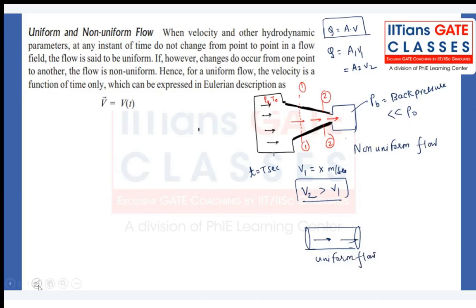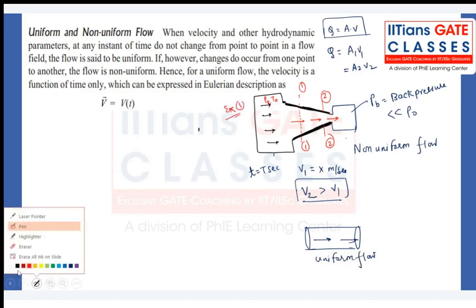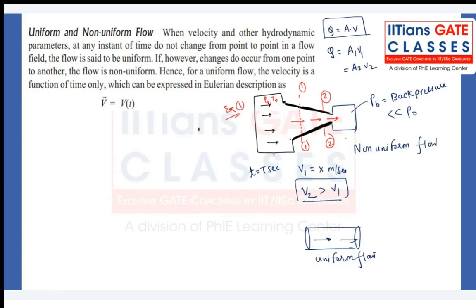And of course, you should not get misguided by this example, because you will study in compressible flow also. When a reservoir is connected to a nozzle, you will see all the terms: choking condition, maximum mass flow rate. There we discuss the compressibility effect of that fluid, so we cannot take density to be constant.